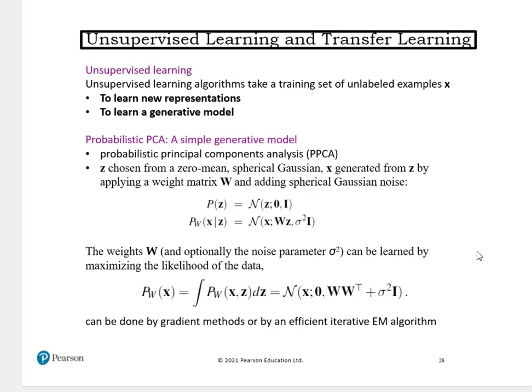Transfer learning algorithms, on the other hand, require some labeled data, but are able to improve their performance further by studying labeled examples for different tasks. So essentially, it makes the need for labeled data less.